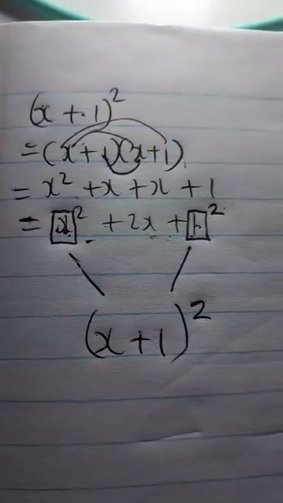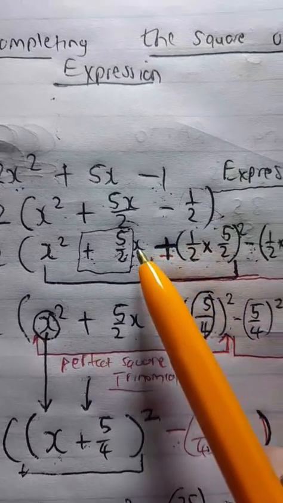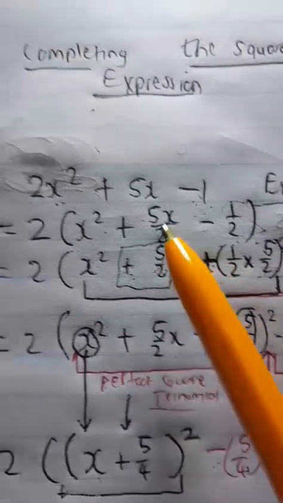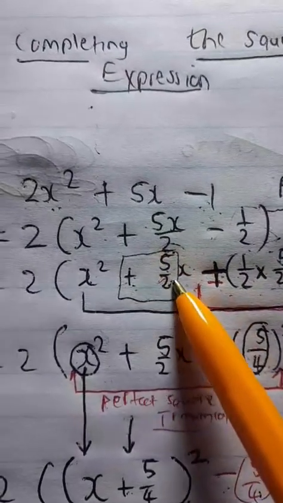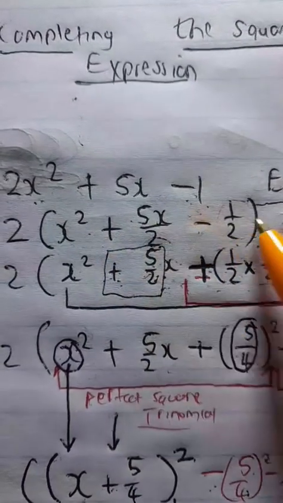Now, you need to listen to me very well when I say this to you. When you took out the 2, you were left with x squared plus 5x over 2 minus half.